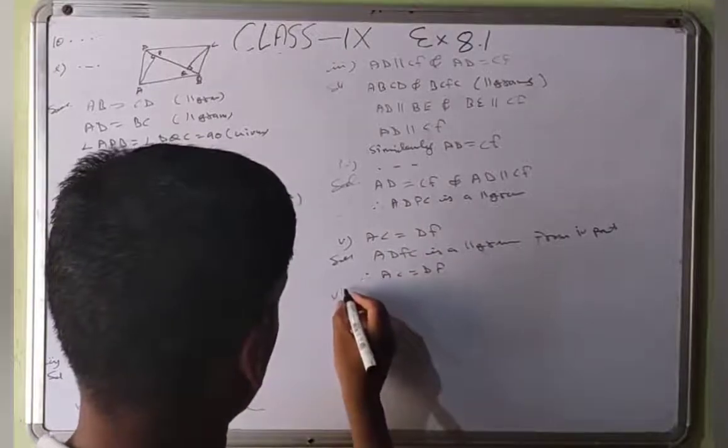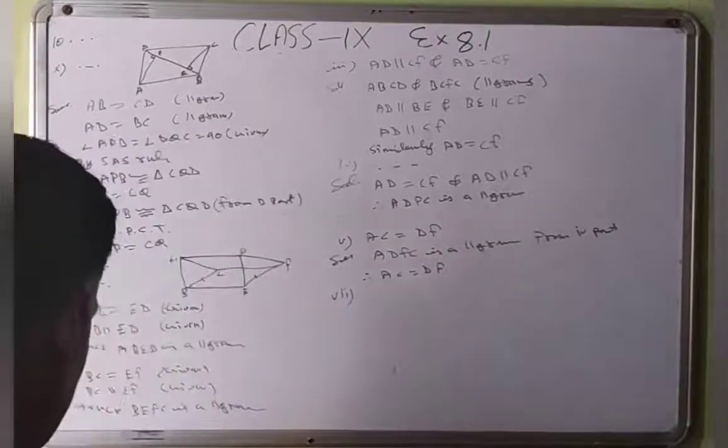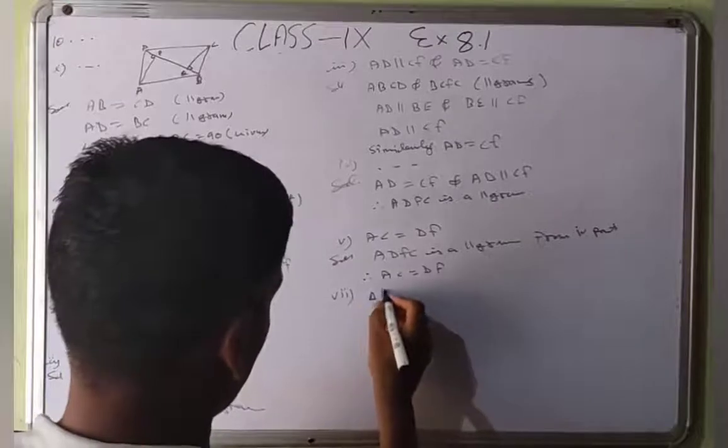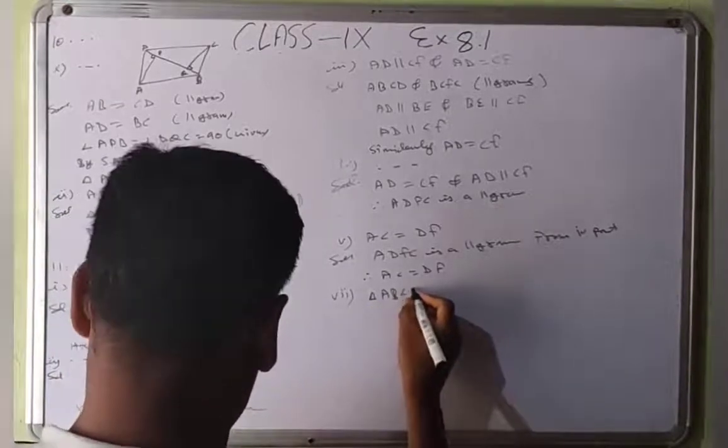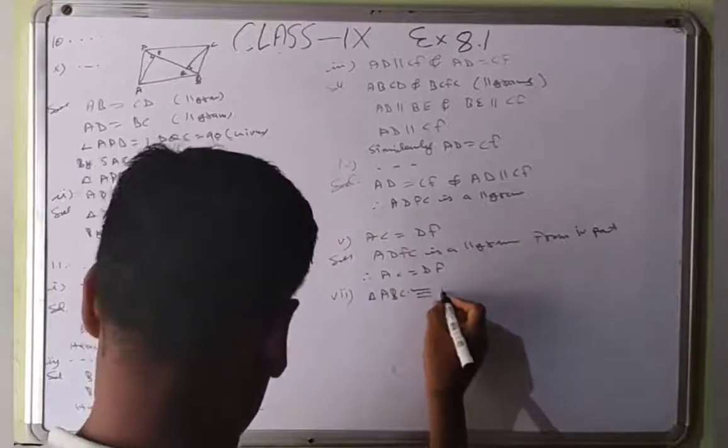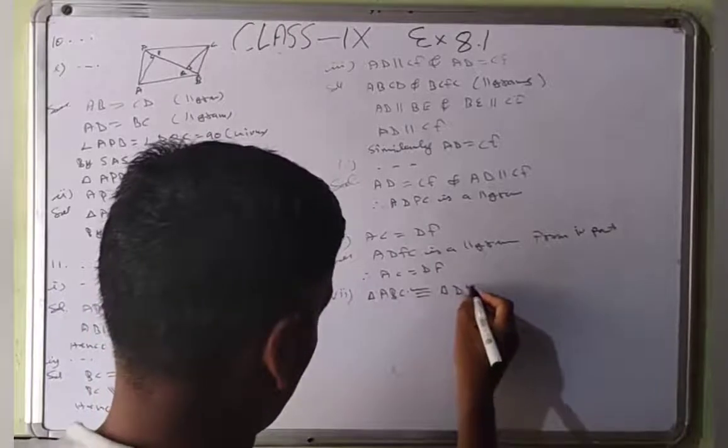Now the sixth part, that triangle ABC is congruent to triangle DEF.